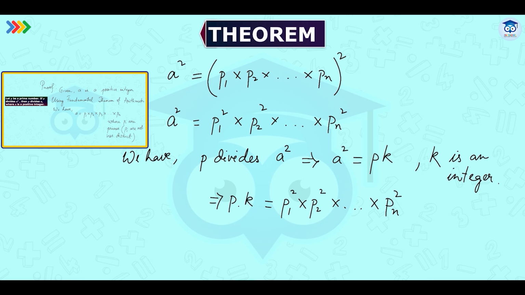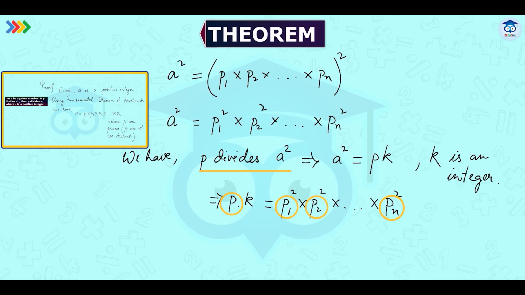Now, by the Fundamental Theorem of Arithmetic, a number can be expressed as a product of primes and the expression is unique, right? It means that this expression and this expression are unique. Therefore, since P divides A square, this P is any of these Pi, whether it may be P1 or P2 or any Pi.